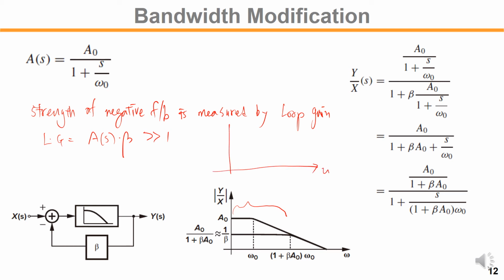Let's plot this loop gain here, over frequency. Loop gain is A(s) times beta. Since A(s) is defined like this, it will be similar, but the beta is constant, less than 1. So it will be like this equation: A(s) times beta. As you can see, this is a log plot. The negative feedback becomes effective around there, right?